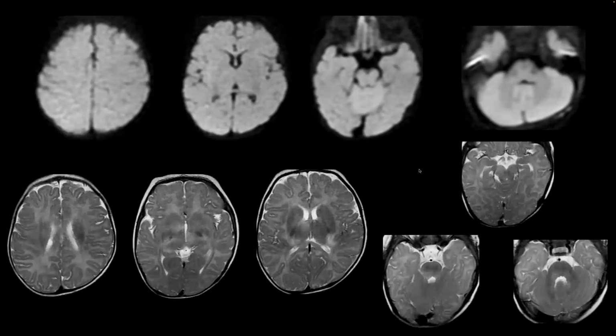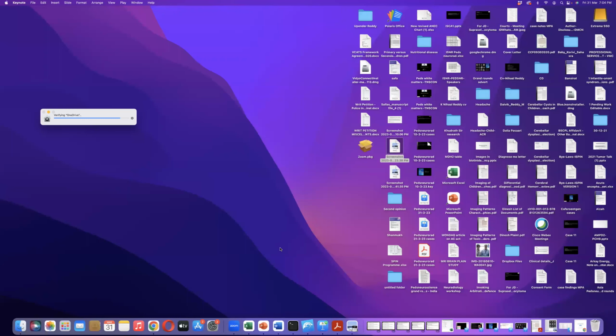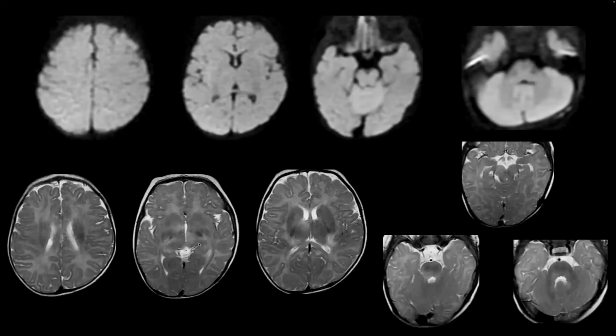So we have the MR on top. We have the diffusion sequences. We do not appreciate any abnormalities on the diffusion scans. No areas of restricted diffusion. Coming down to the T2-weighted axial sequences, you can appreciate multifocal hyperintensities predominantly in the central regions of the brain, involving the basal ganglia asymmetrically, right more than left, the central white matter along the internal capsules, the bilateral thalami, and possibly some areas of the peri-insular white matter.